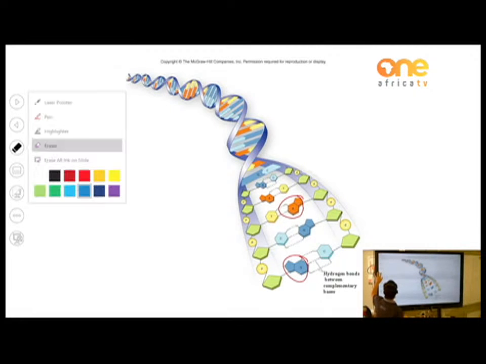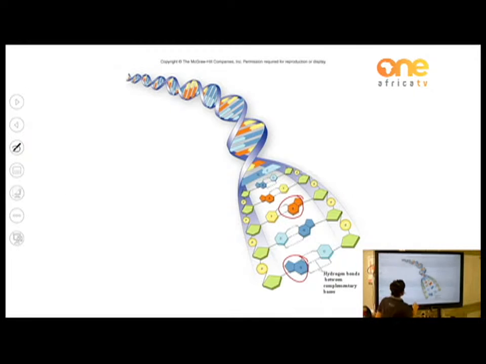And then we have the pyrimidines. Thymine and cytosine are the pyrimidines. And we see that they bond with hydrogen bonds. There are 3 hydrogen bonds between guanine and cytosine, and 2 hydrogen bonds between thymine and adenine.